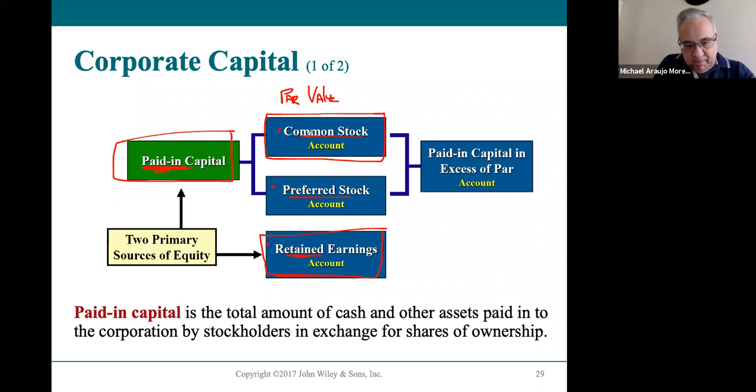But for common stock and preferred stock, they're going to be listed at a stated value or a par value. If the company raised a lot more money than that, which they always do, all that extra money they've raised is going to be in an account called paid in capital in excess of the par value. And you'll be learning more about this in the next objective. This is just an introduction.